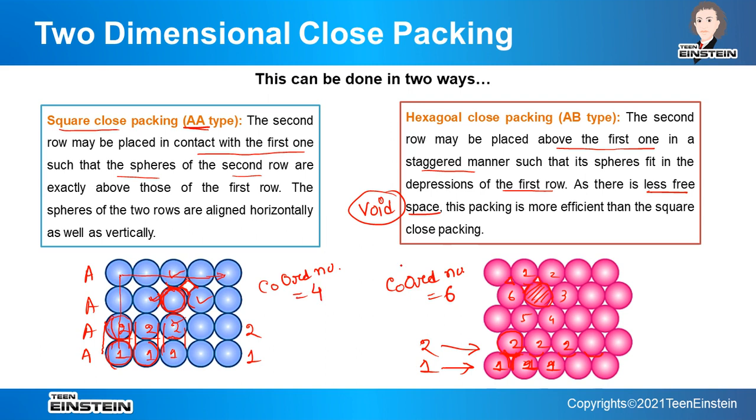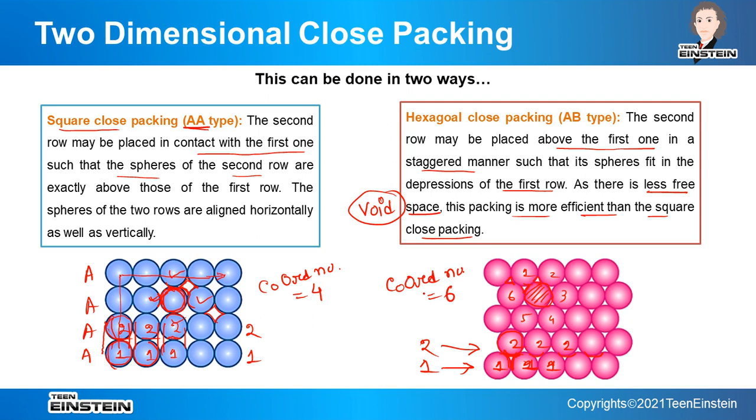Okay, so obviously as there is less free space, less void, this packing is more efficient than the square close packing. Obviously that is very clear from the picture also. Here vacant voids are very large in size, but here voids are very small. Coordination number is very high, so here packing is more efficient compared to square close packing.